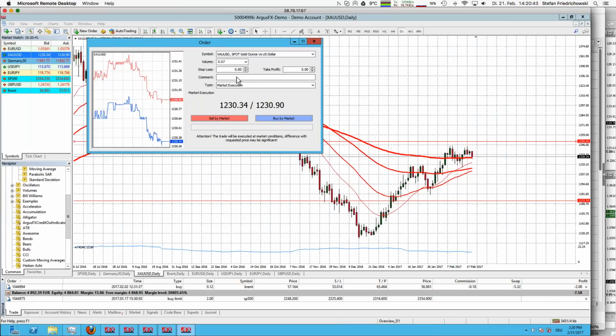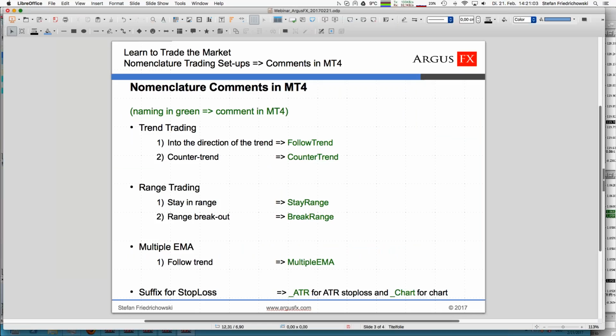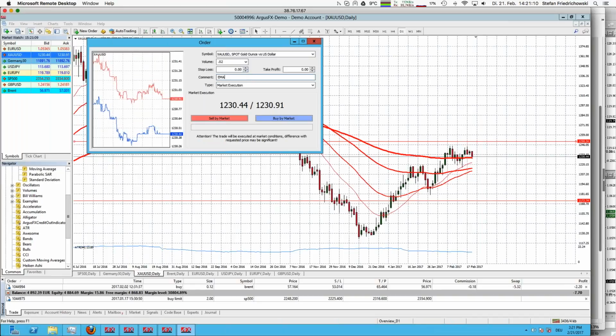So we can enter that number here, 0.02, and we go market, and the trade setup here is multiple EMA, and the stop loss has been out of the chart, so therefore suffix chart.